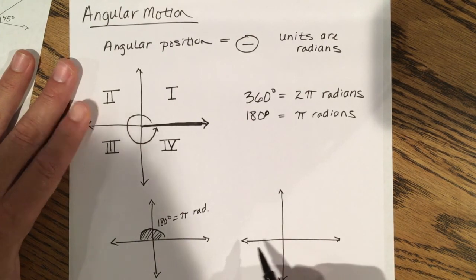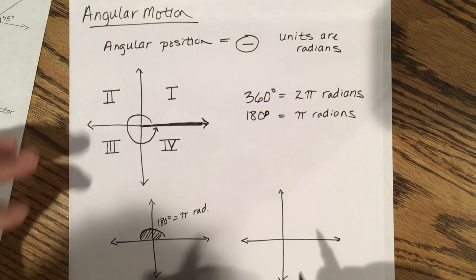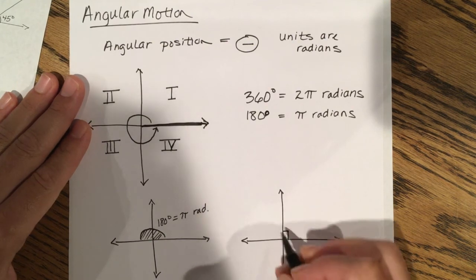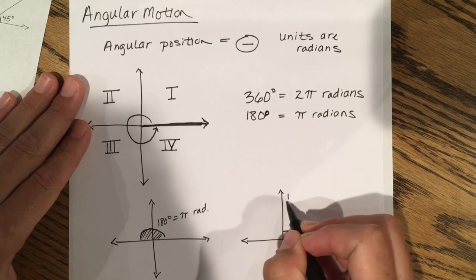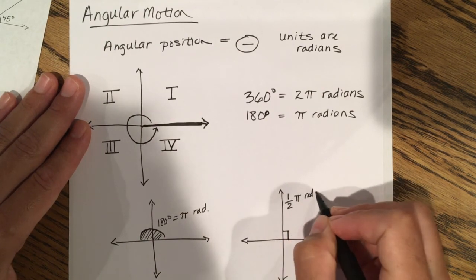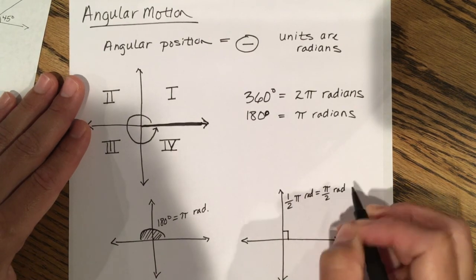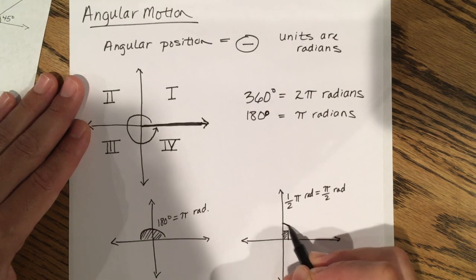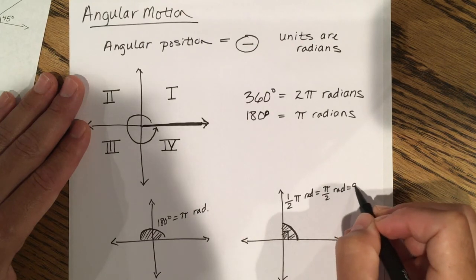But we might want to quickly know how many radians that is. Half of pi radians would be 1/2 pi radians, or you could just say pi over 2 radians. And this right here is equal to an angle of 90 degrees.